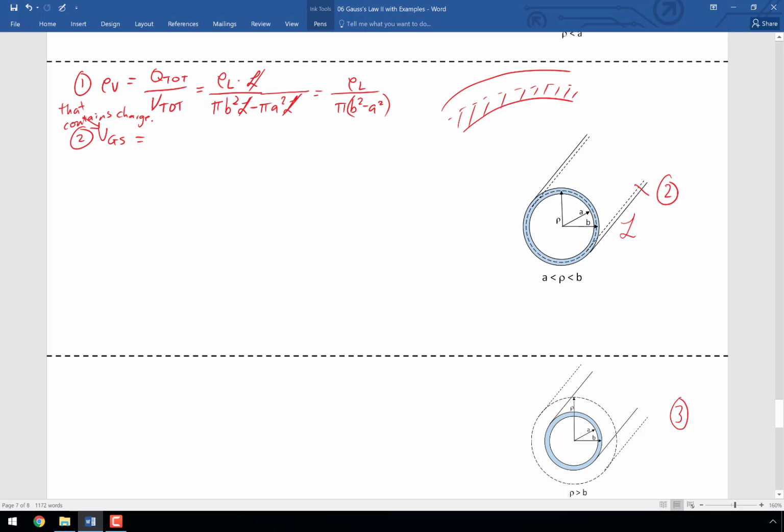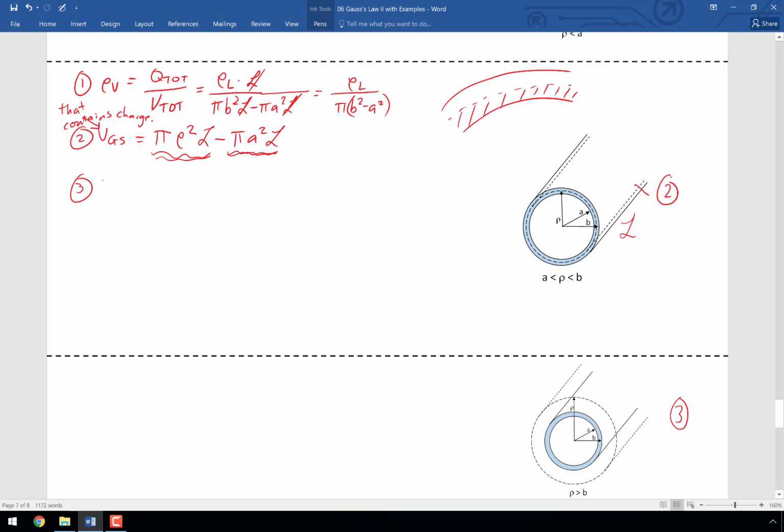So the volume of the Gaussian surface that contains charge is going to be pi times rho squared L minus pi a squared L. So this is the size of the outer doll, and this is the size of the second largest, or this is the size of the donut, and this is the size of the donut hole, but now it's a cylindrical donut.